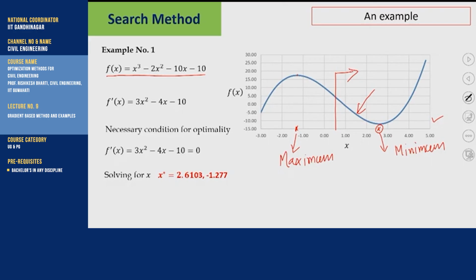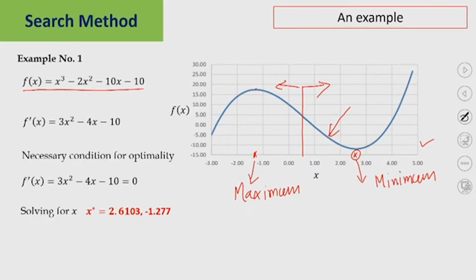Similarly, this function between 0 and minus 3 is also a unimodal function. Whatever methods we have discussed are for a unimodal function, that means there is only one optimal solution.